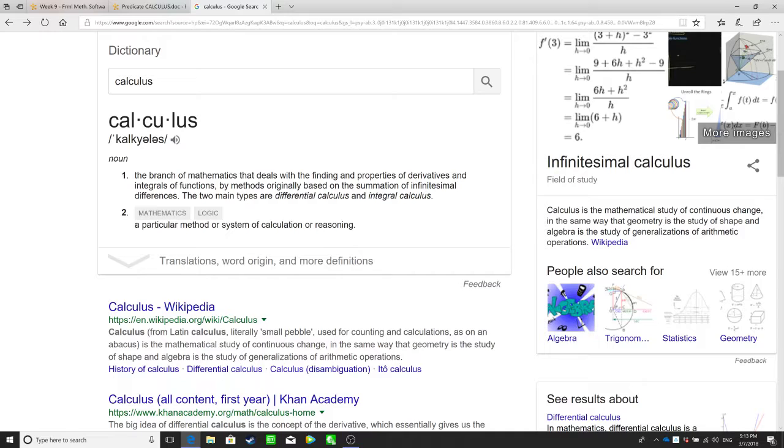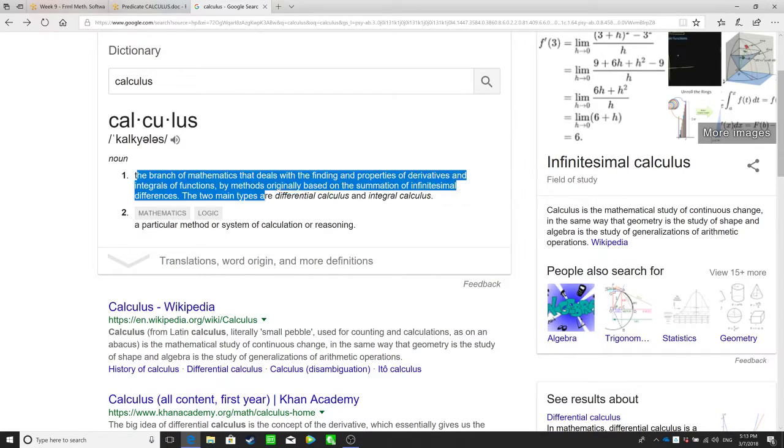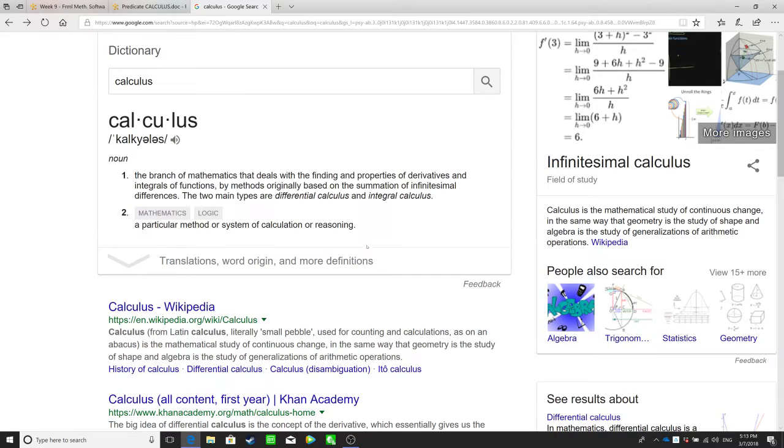And here, the second thing: a particular method or system of calculation or reasoning. So calculus does not only mean this part. We have another meaning for calculus. Most of what we're doing here is about reasoning, the logic. Yeah. Okay.